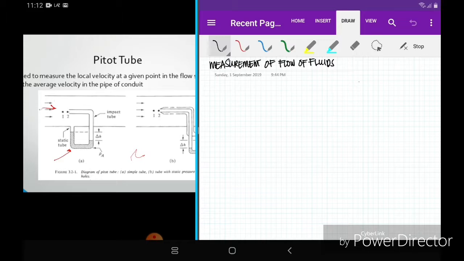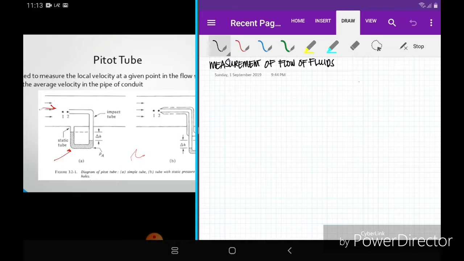Now, the fluid flows into the opening at point 2, then the pressure builds up, then the fluid remains stationary at this particular point. And this is what we call the stagnation point. So, nagkakaroon ng build up ng pressure. Yun yung stagnation point. Now, the difference between the stagnation point pressure at point 2 and the static pressure measured by the static tube represents the pressure rise associated with the deceleration of the fluid.